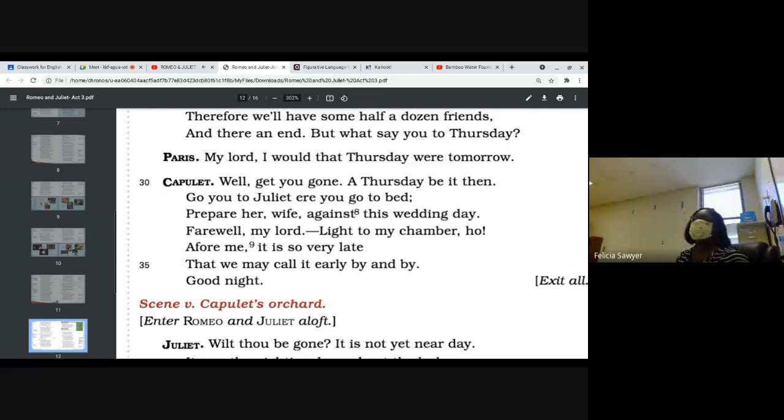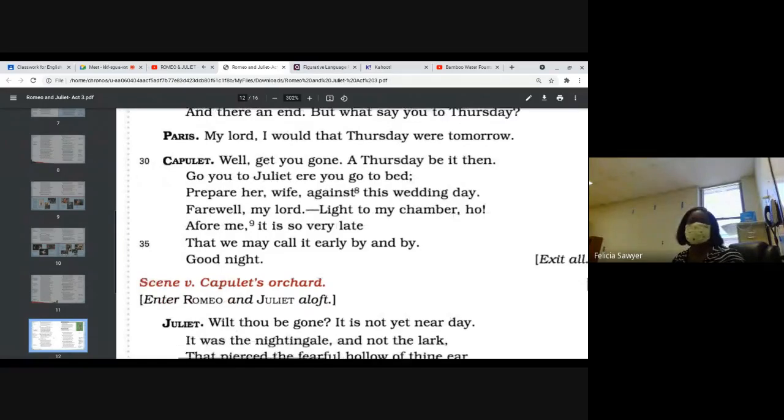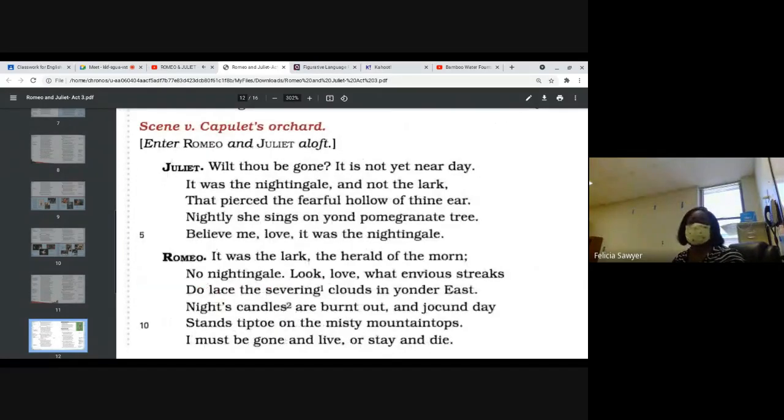Go you to Juliet ere you go to bed. Prepare her, wife, against this wedding day. Farewell, my lord. Light to my chamber, ho! For me, it is so very, very late that we may call it early by and by. Good night. Exit. Scene 5, an open gallery to Juliet's chamber, overlooking the garden.